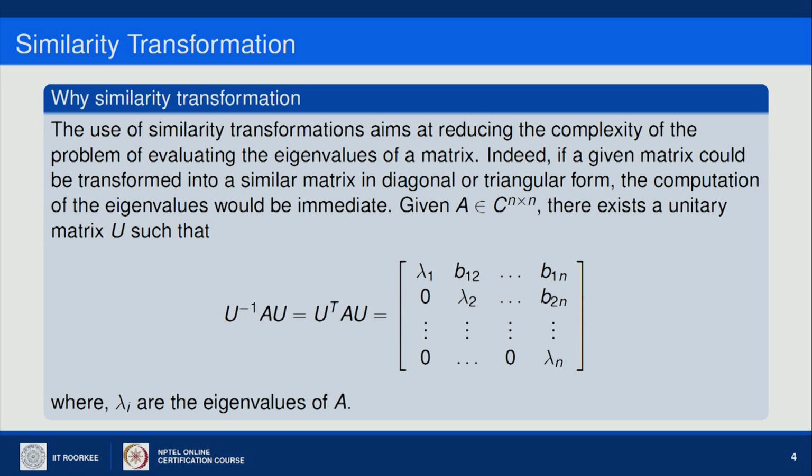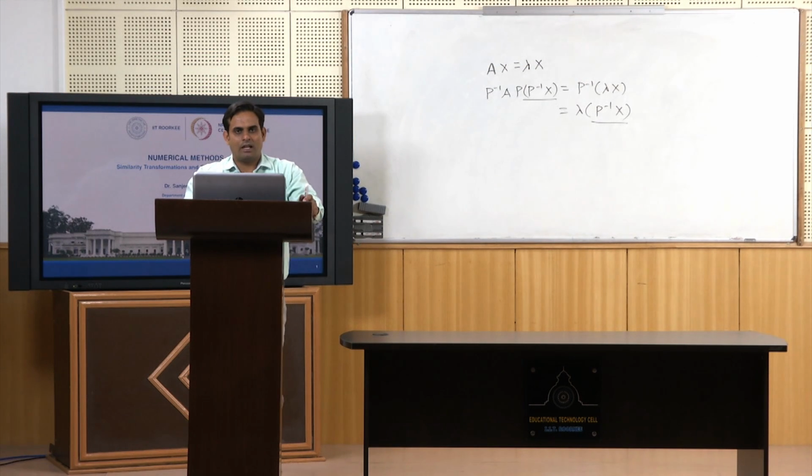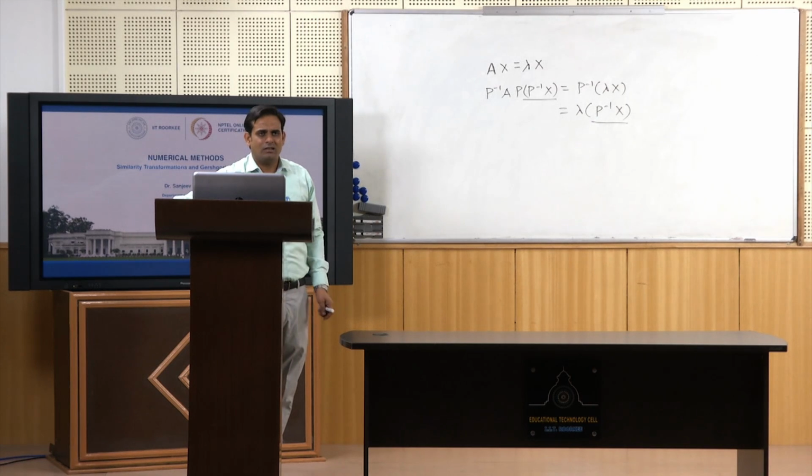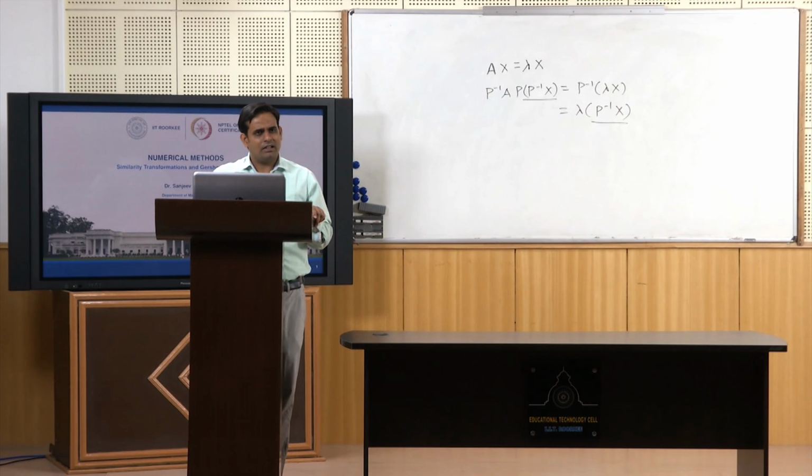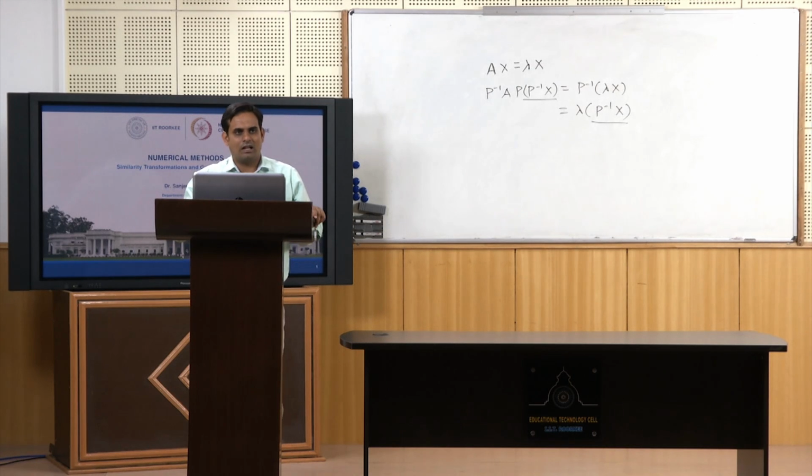For example, if a 10 by 10 matrix is given to you, a square matrix of order n, and I ask you to find the eigenvalues of A, since the order is 10 by 10, the characteristic polynomial of that matrix will be of degree 10, and it is quite difficult to calculate the eigenvalues of such a matrix manually unless the matrix is either a diagonal matrix or a triangular matrix, upper triangular or lower triangular.